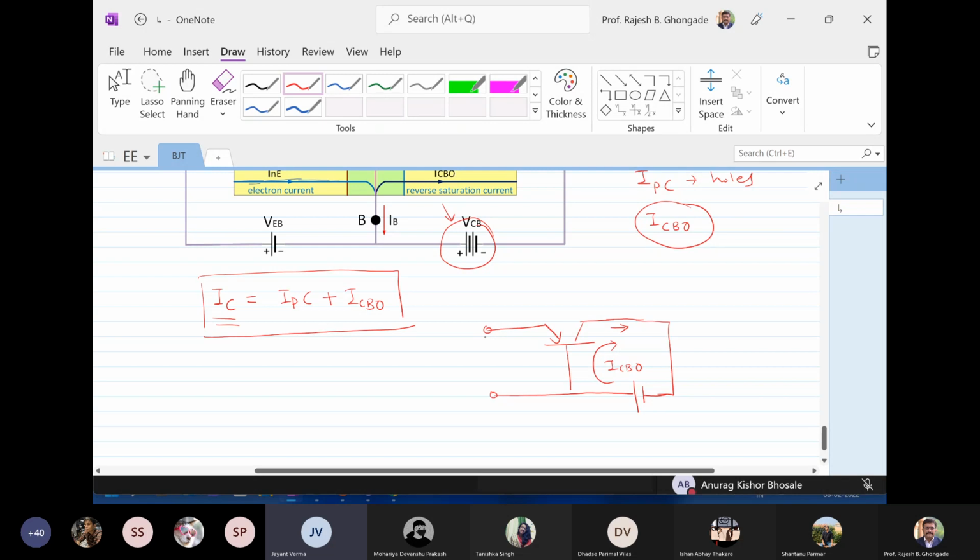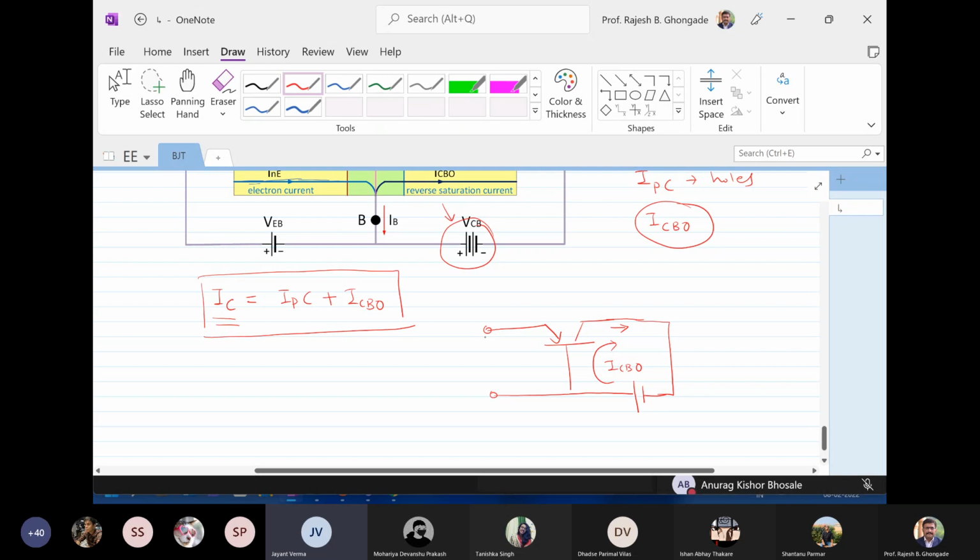Why is it called ICBO in the first place? ICBO means the reverse saturation current flowing through the collector base junction when the emitter is open circuit. This is what it means.